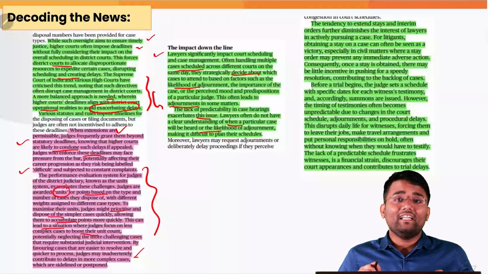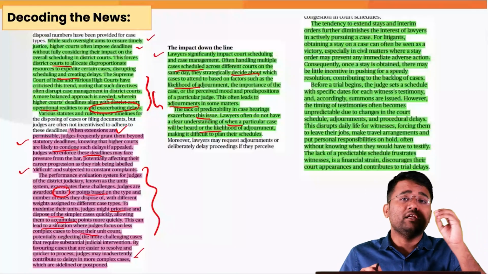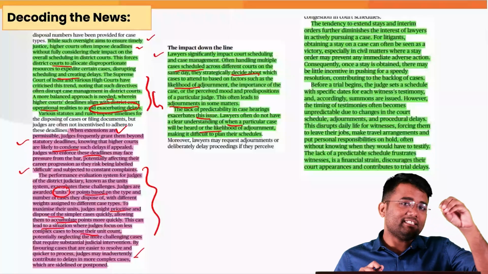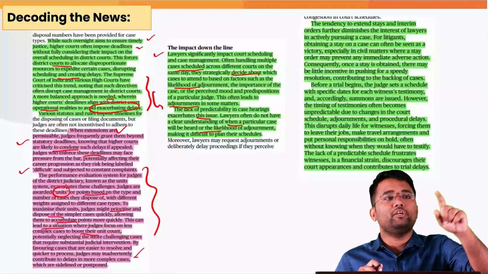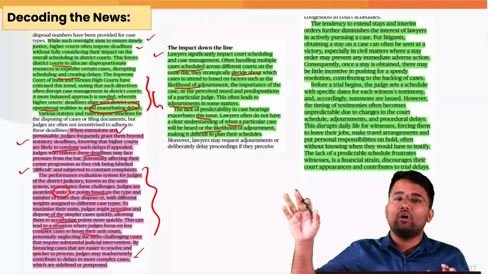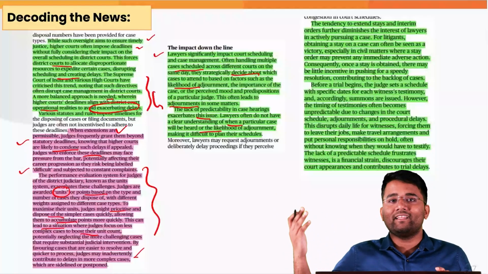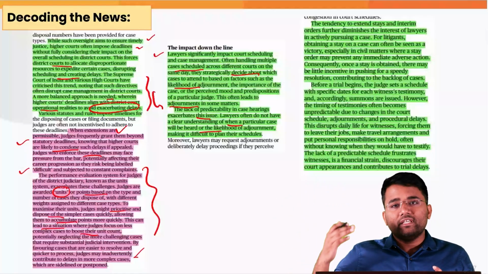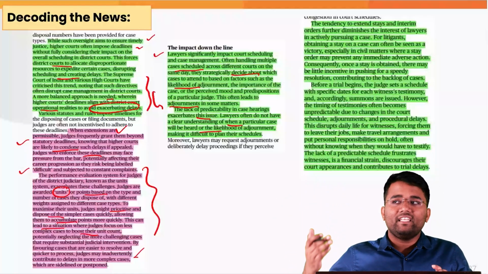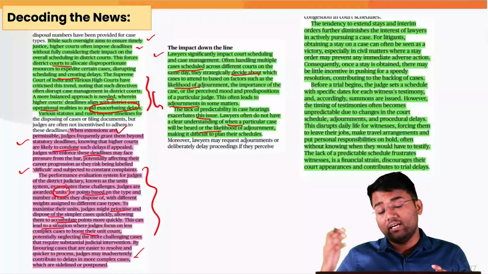What is happening? There is a lawyer who is a very good, very reputed lawyer. He has multiple cases pending in different courts. So he might prioritize that he will only go to this particular court and he will not go to other courts. His junior will take adjournments. Or if he thinks that a particular judge is only going to give adjournment, then he will not go to that particular court.